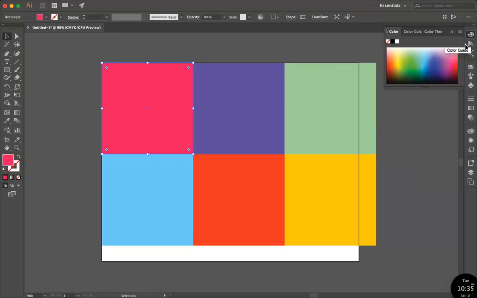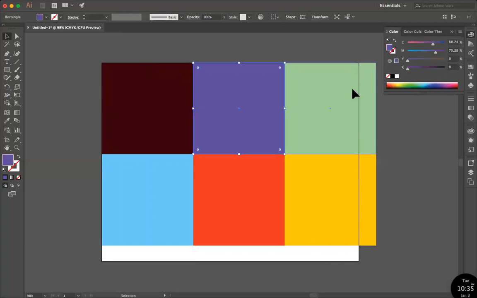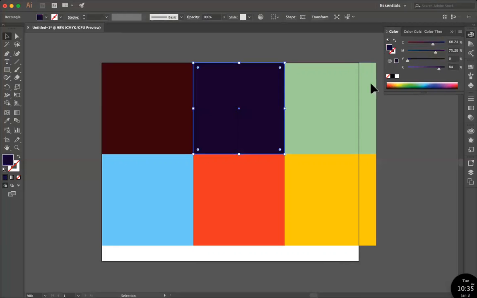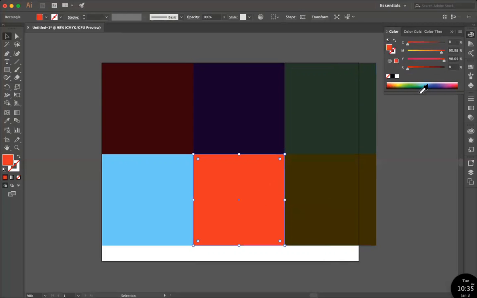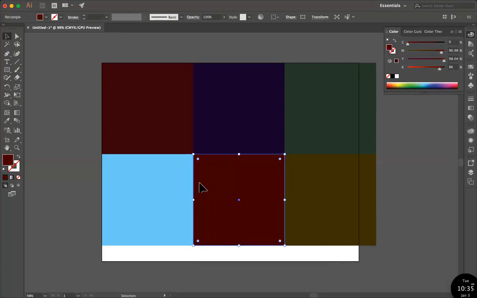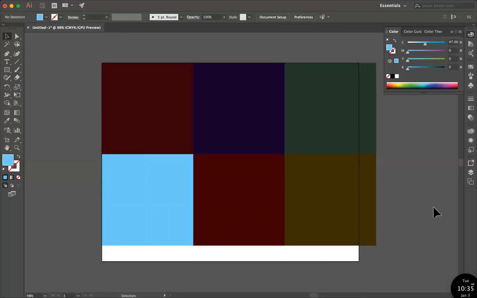However, if I were to get out of the way, if I were to come in here and crank down the tonal value on most of these colors, okay, now, is there a color that stands out more than the others? Exactly.